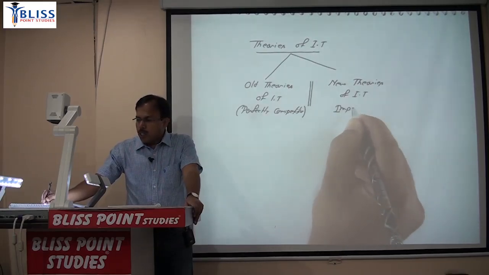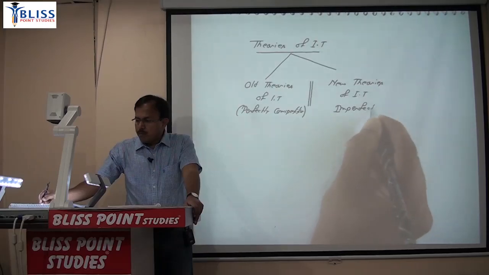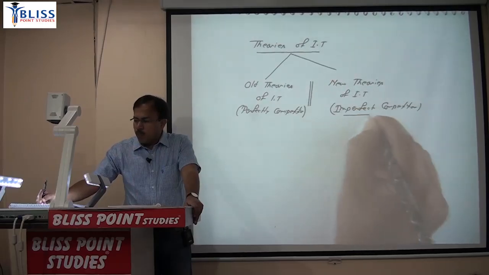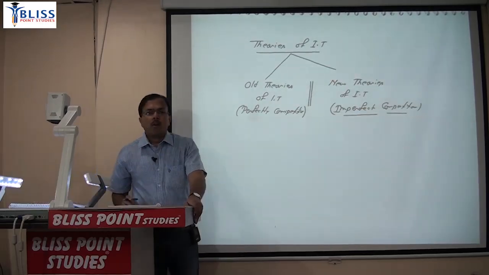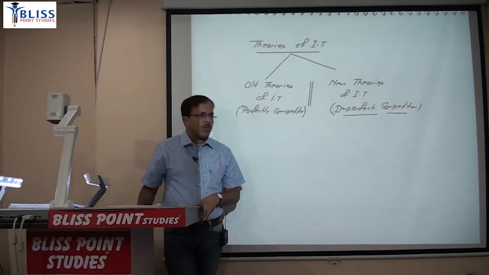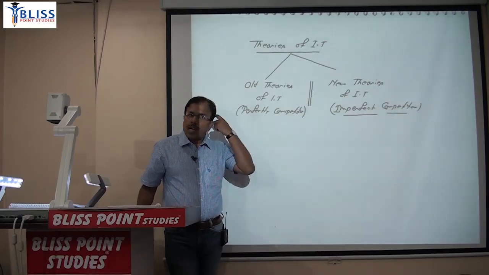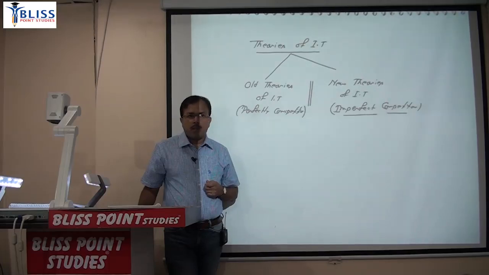So the new theory is based upon imperfect competition, and within that you may include monopoly or monopolistic competition as well as oligopoly. So old theories are based upon perfect competition and new theories upon imperfect competition.